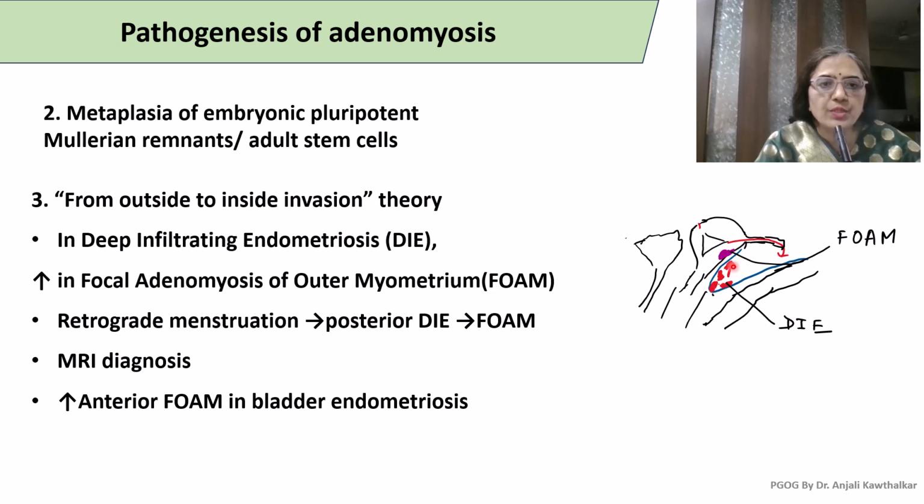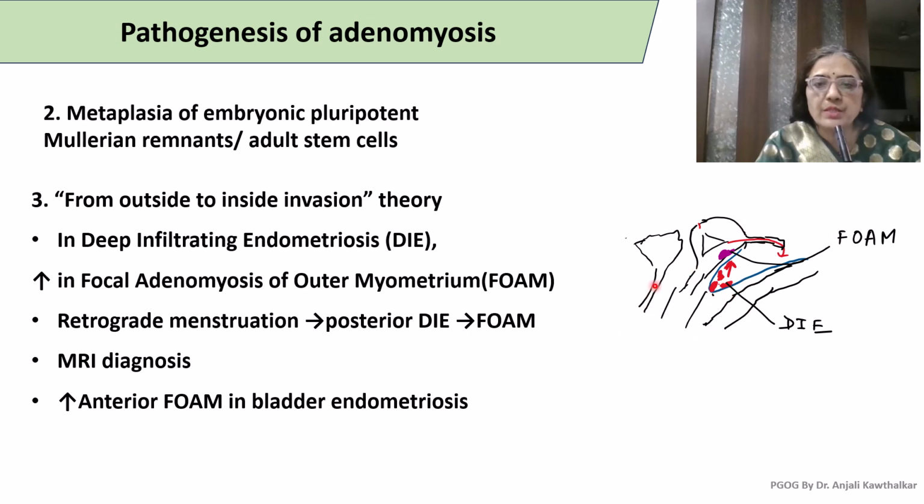Whenever there is a posterior deep infiltrating endometriosis, there is an increase in focal adenomyosis of outer myometrium. The short form used for that is FOAM. It is focal adenomyosis of outer myometrium, and this is seen quite frequently whenever there is a deep infiltrating endometriosis, especially into the posterior compartment of the pelvis.